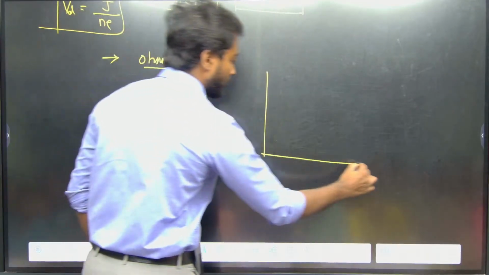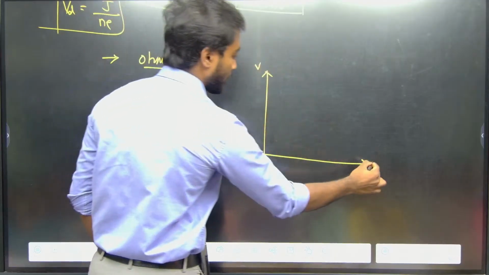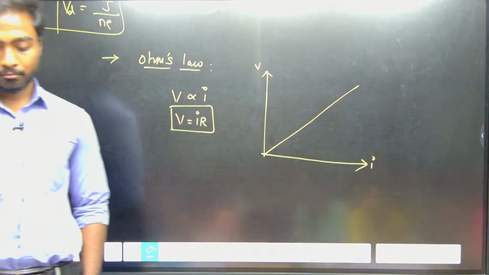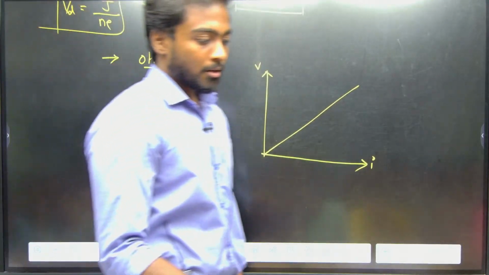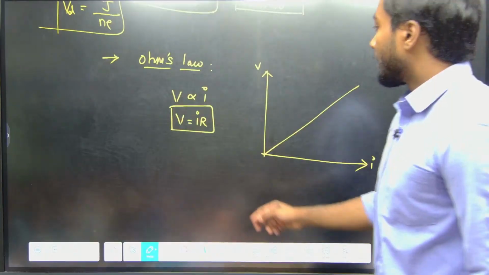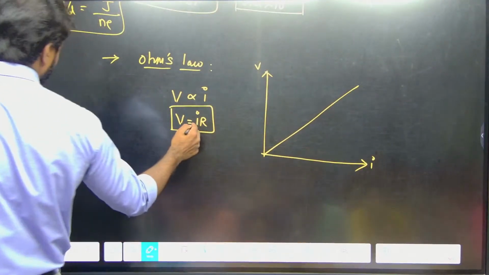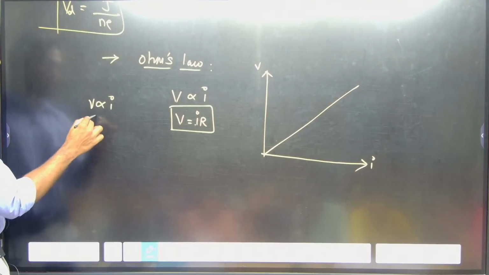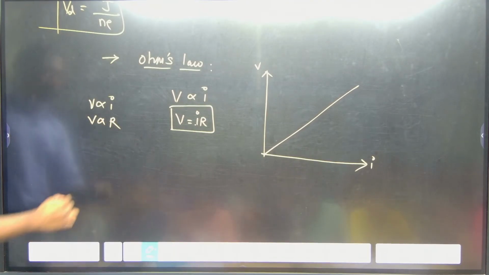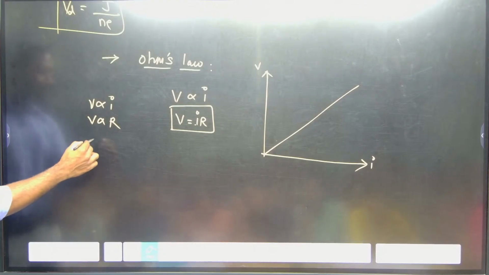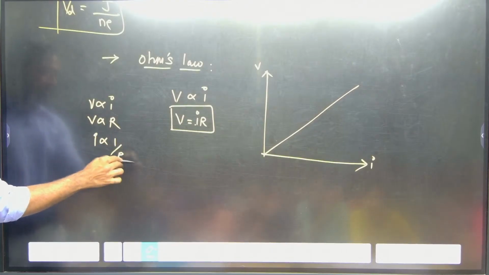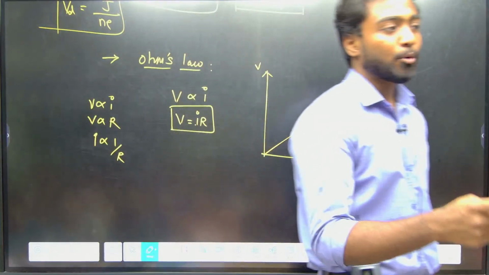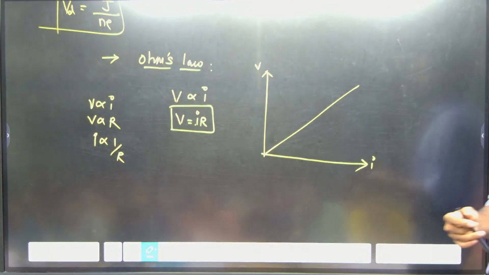The graph between V and I is a straight line. If V increases, I also increases, R also increases. So V is directly proportional to I, V is directly proportional to R, and I and R are inversely proportional to each other. If I increases, R decreases. If I decreases, R increases.